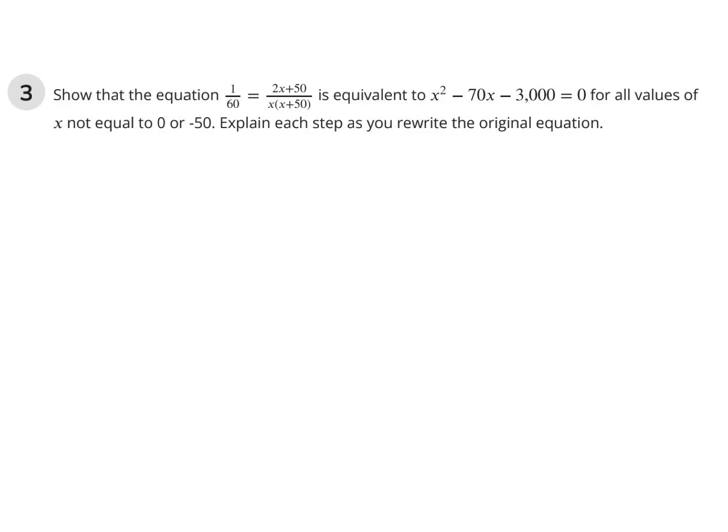Okay, show that this equation is equivalent to this one. So now, what we had to pay attention to on the left is that it equals 0. So we are going to make this equal to 0 by cross multiplying first. We get x times x plus 50.